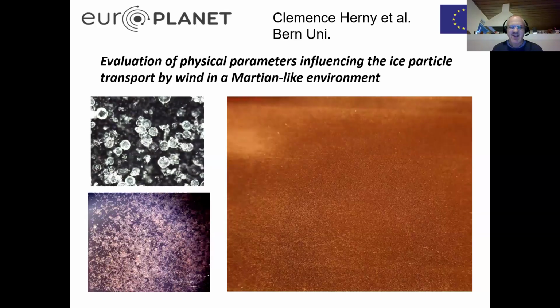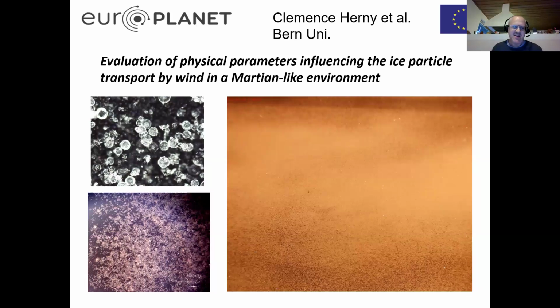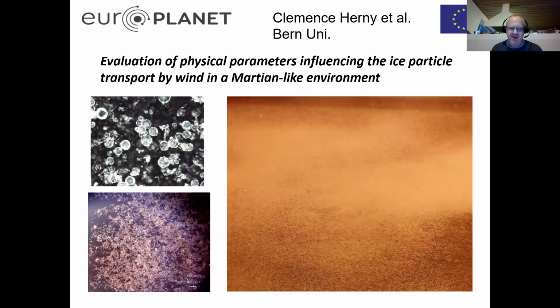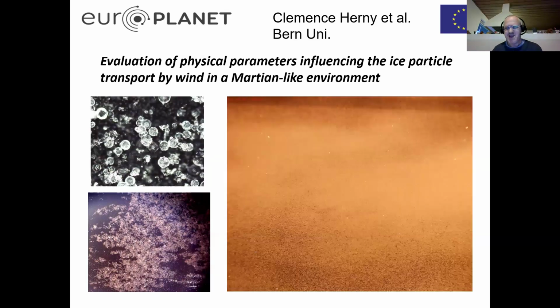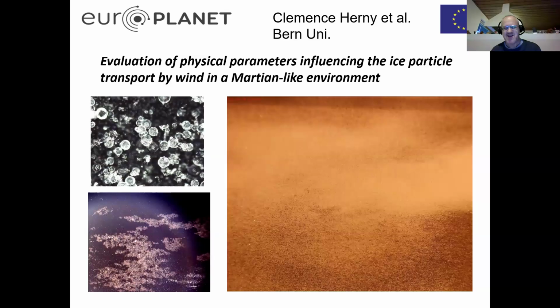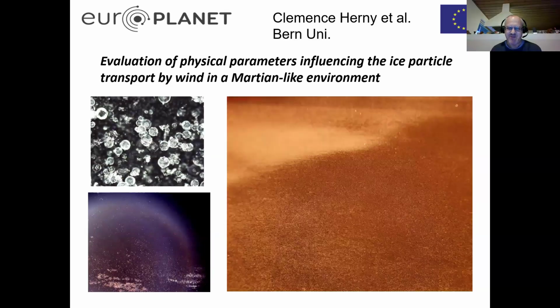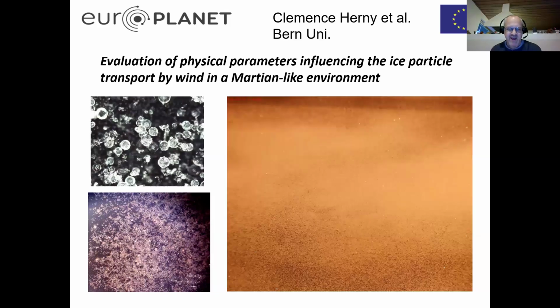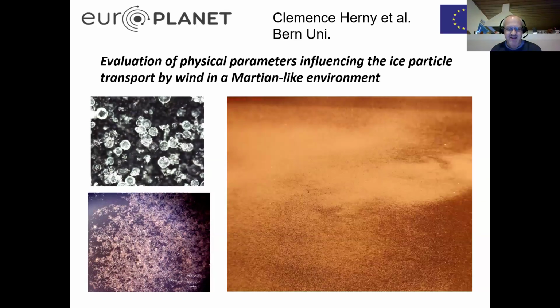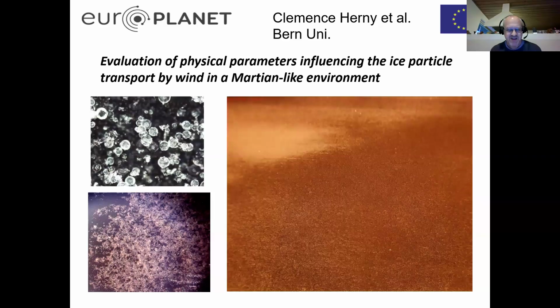surface. So then we prepare this granular ice, and then we deposit it on the surface. We then pump it down to Martian conditions, and we blow wind on it and perform detachment threshold measurements. It worked, but it was very difficult. Water ice is very tricky.